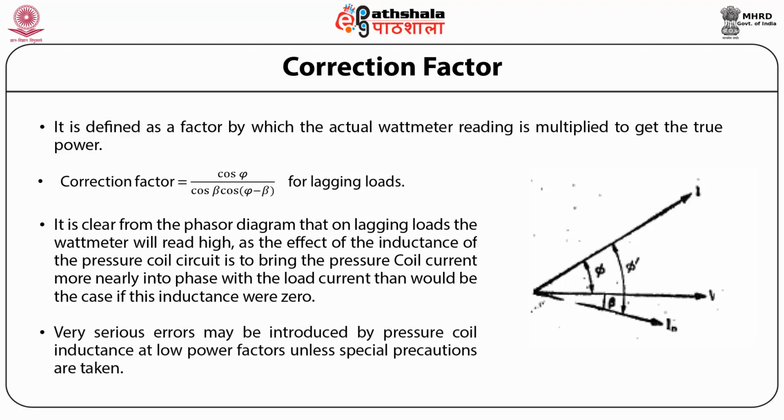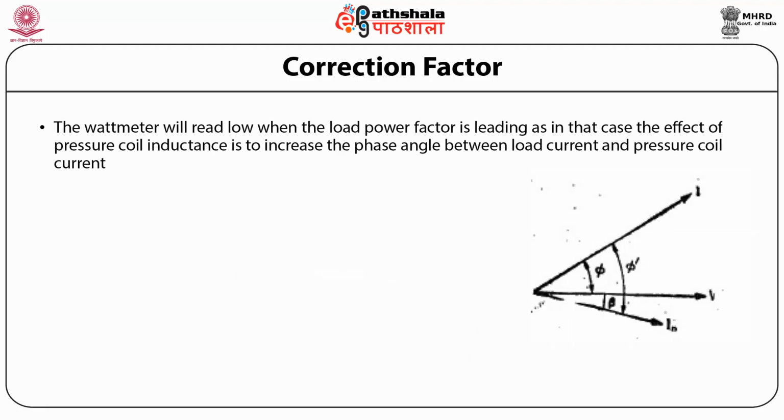Very serious errors may be introduced by pressure coil inductance at low power factors unless special precautions are taken. The wattmeter will read low when the load power factor is leading, as in that case, the effect of pressure coil inductance is to increase the phase angle between load current and pressure coil current.